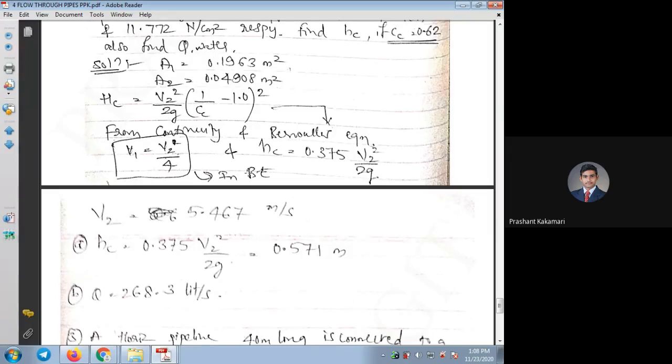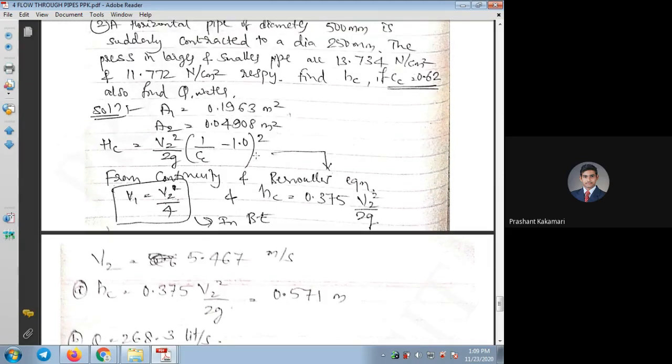Can you find out the velocities? Also check the values of A1, A2, and whether V1 equal to V2 by 4 from Bernoulli's equation is correct.